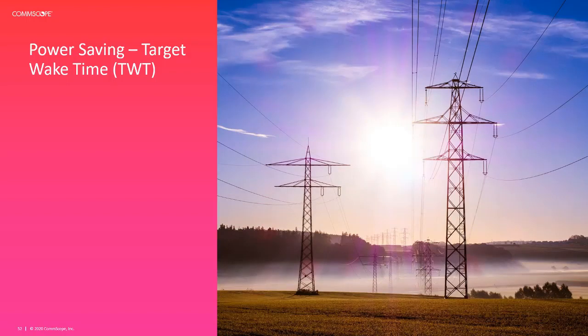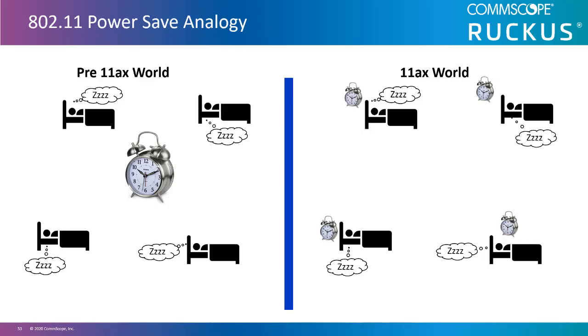Another key feature that 802.11ax brings for battery-operated clients and mobile devices is improving on the existing 11ac power-saving mode. The new 11ax feature is called Target Wake Time, or TWT for short. The way 802.11 Power Save works today is like an entire house having one large alarm clock.